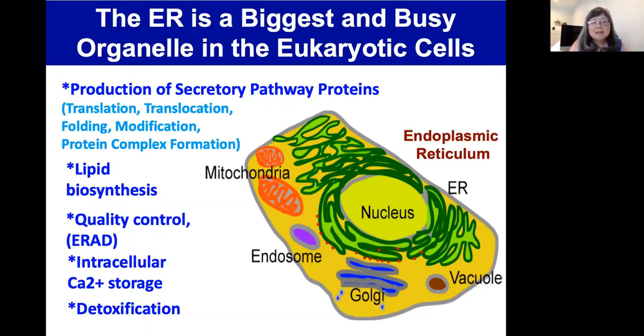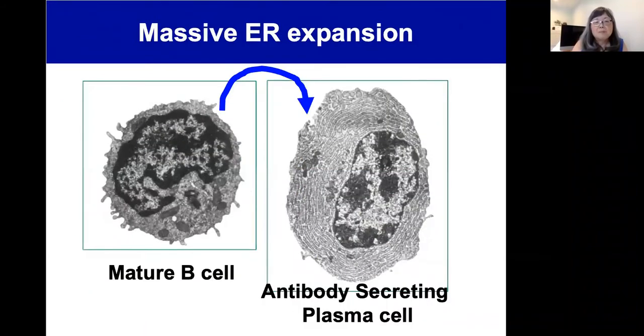But it turns out that those activities are not static during the lifetime of the cell. In response to a variety of different conditions or environmental and developmental cues, the activity has to change. This slide is one of the good examples, where a mature B lymphocyte becomes an antibody-secreting plasma cell in response to exposure to antigen.